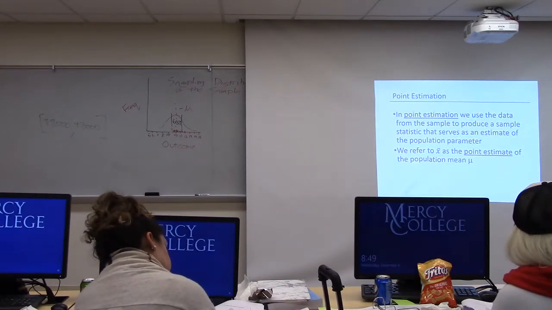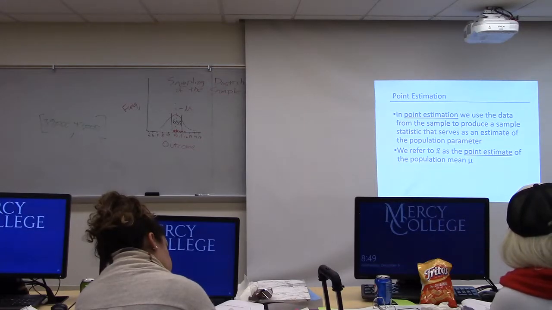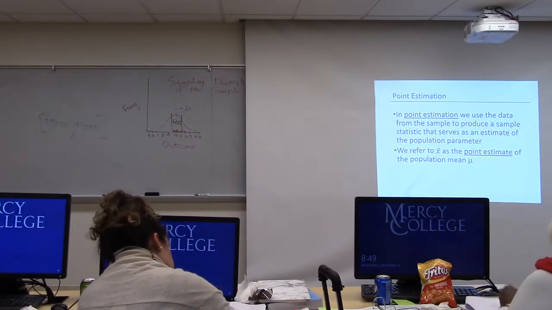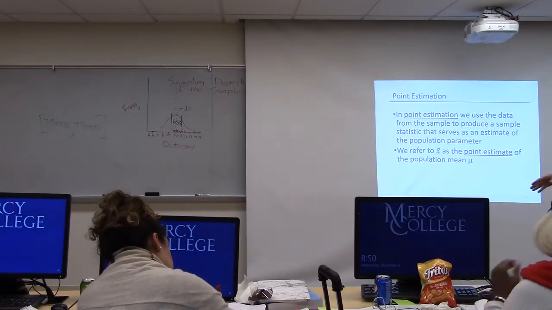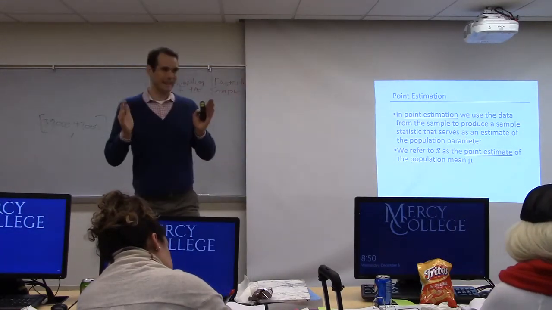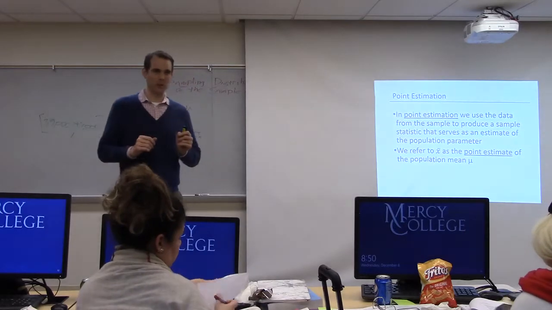So our sample mean is what we call our point estimate. That's our best guess for the true population mean. But we don't want to stop there. We want a confidence interval which is more likely to contain the true population mean.